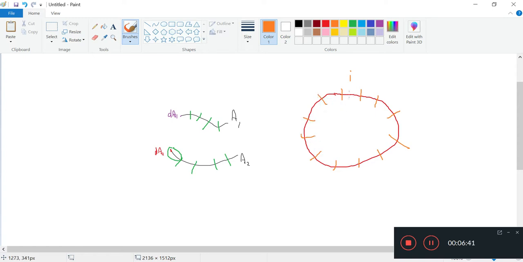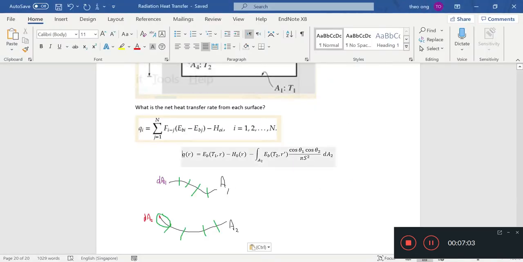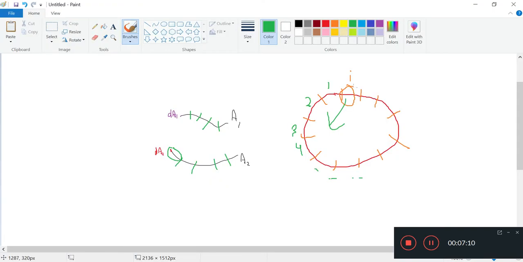Area I will be emitting heat in all directions, and all of it will be bound to hit one other surface, right? So surfaces 1, 2, 3, 4, and so on. Whatever is coming out from I is going to hit one of these surfaces, and the amount received will be determined by the view factor F_ij, from surface I to surface J, which are the 1, 2, 3 I was talking about here.